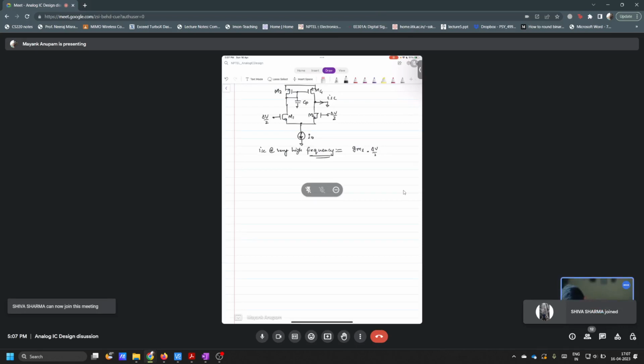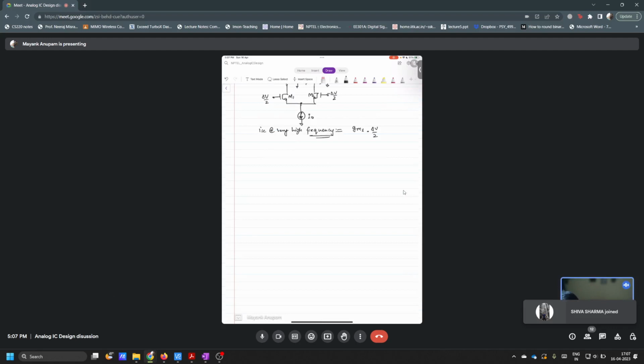Correct. So what will be the effective GM in this case? ISC divided by delta V by 2, 2 times delta V by 2, right? So it will be GM1 into delta V by 2 divided by 2 times delta V by 2, which is simply GM1 by 2, correct?